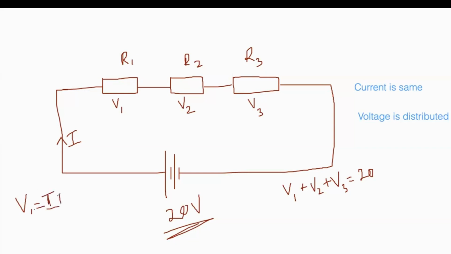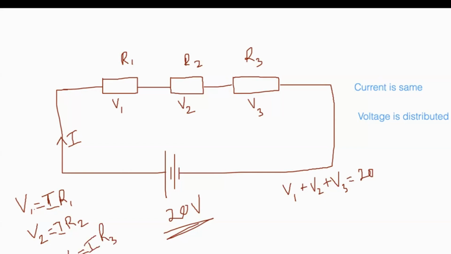V2 is equal to I into R2. So actually, I'm using the concept of Ohm's law only here. Now V3 is equal to I into R3. So this is the case of a series connection.